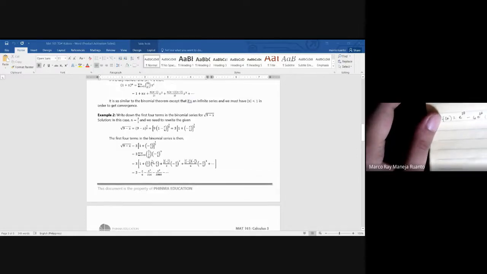So that is the first case: you have to express the function in terms of 1 plus x to the power of n, like a binomial function where your n is lesser than 1. It only qualifies for n lesser than 1.